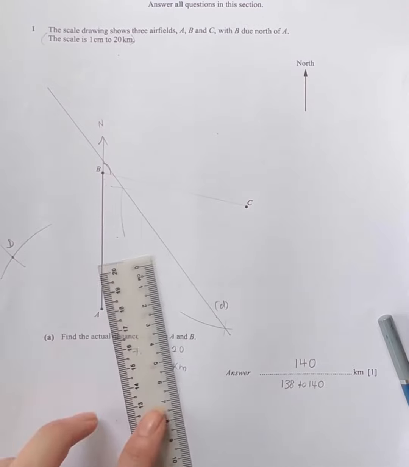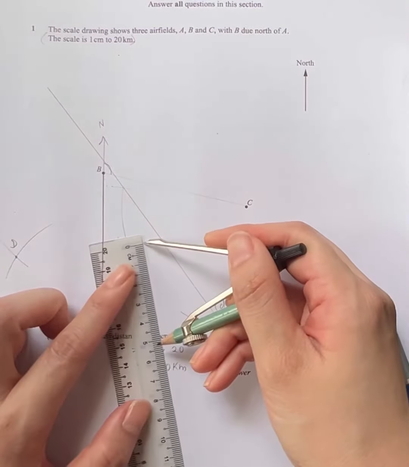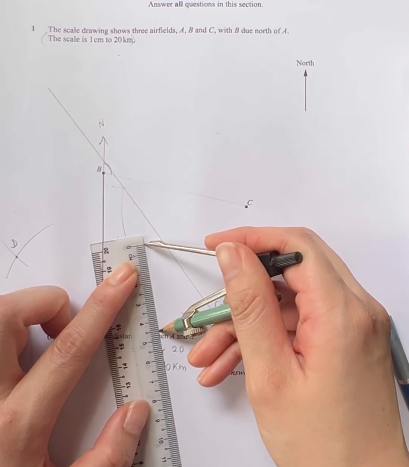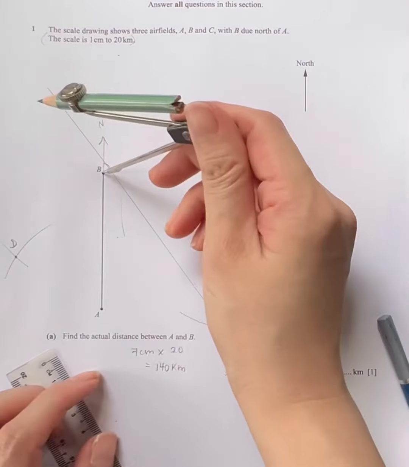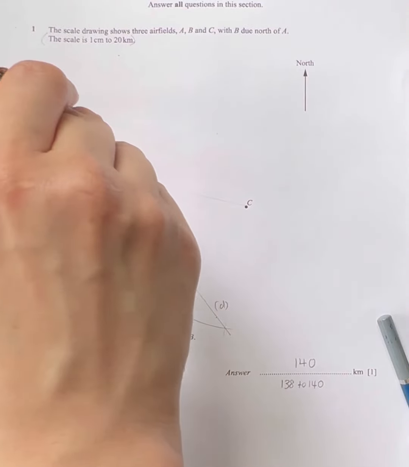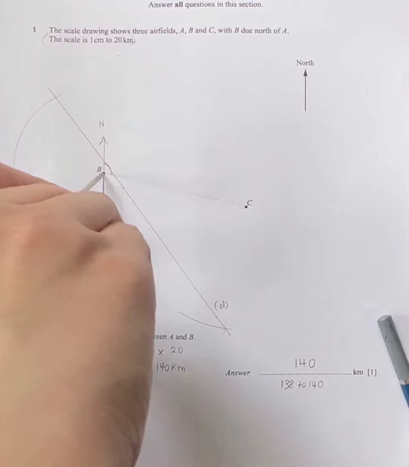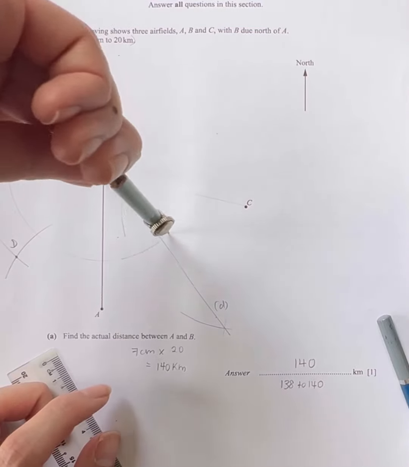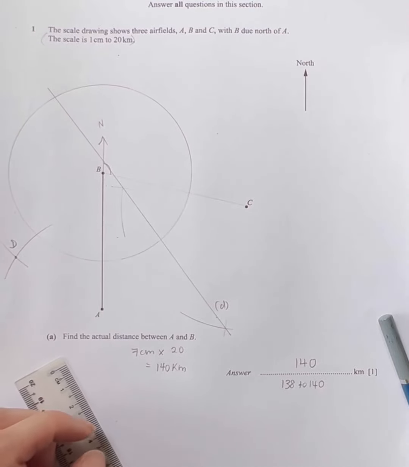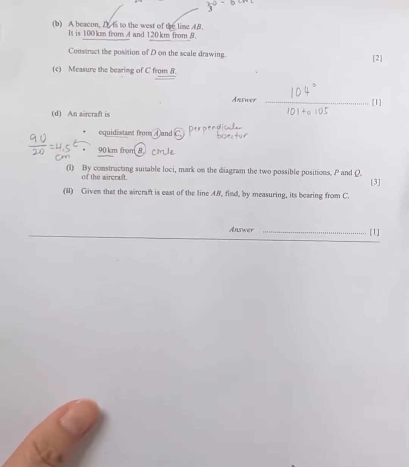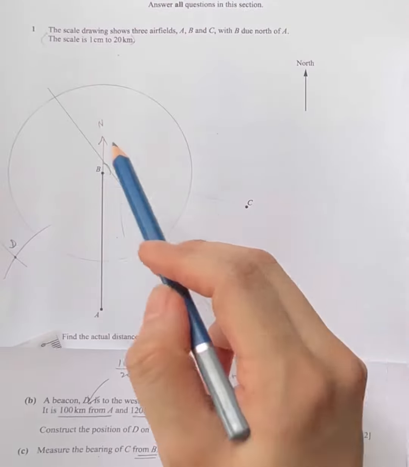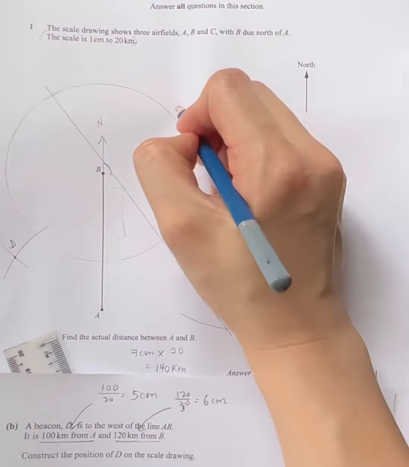So what you're going to do is you measure 4.5, and then you draw a circle from point B. Ta-da. Nice. So 4.5 cm from B. I've drawn my circle. I've drawn this part already. This is also part D.